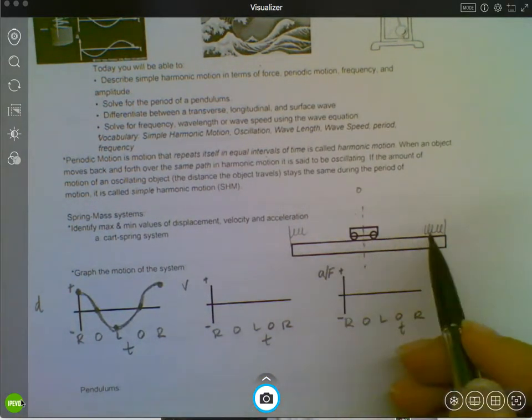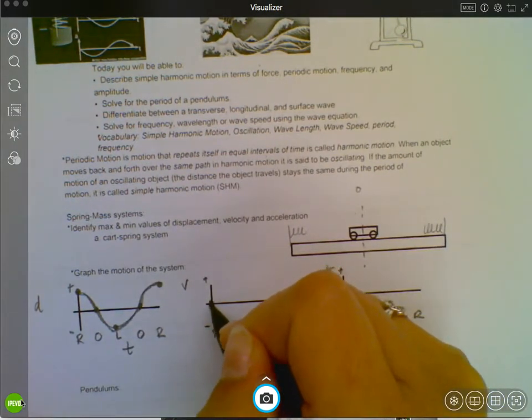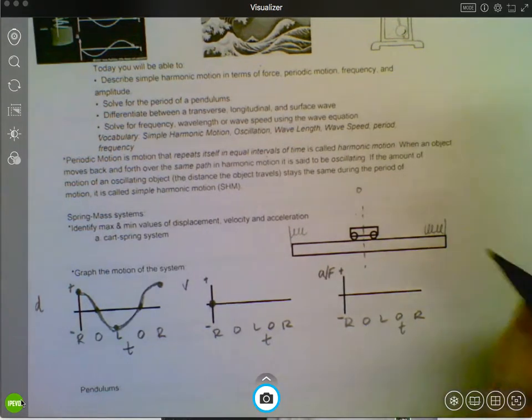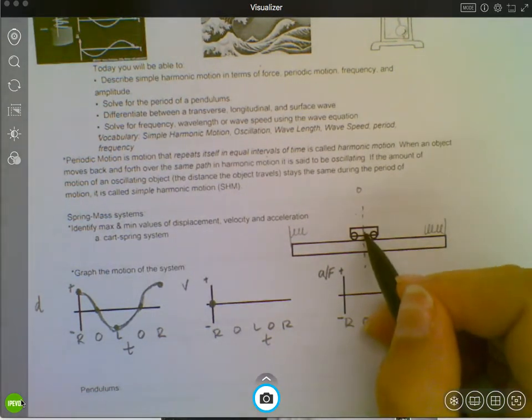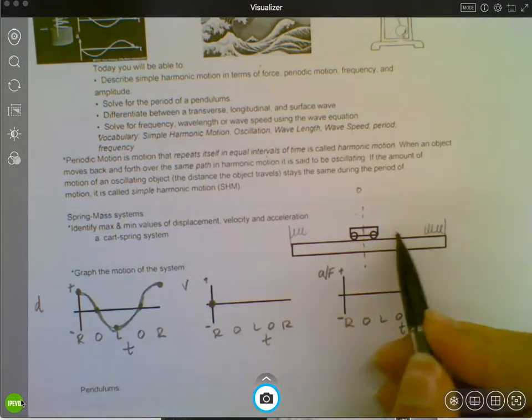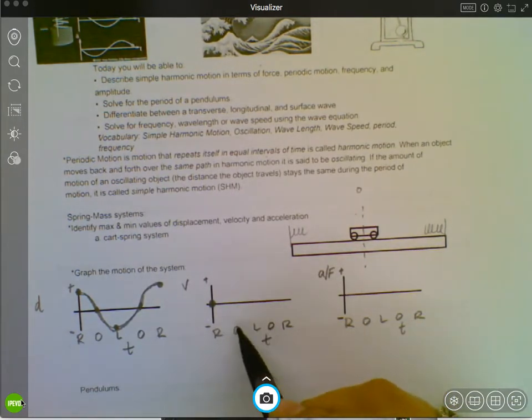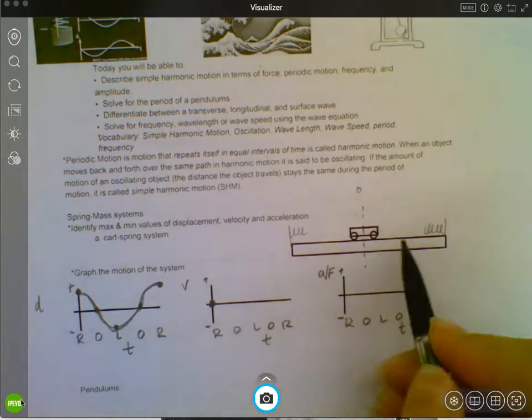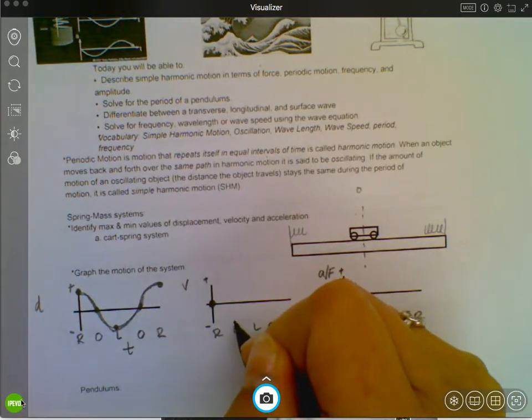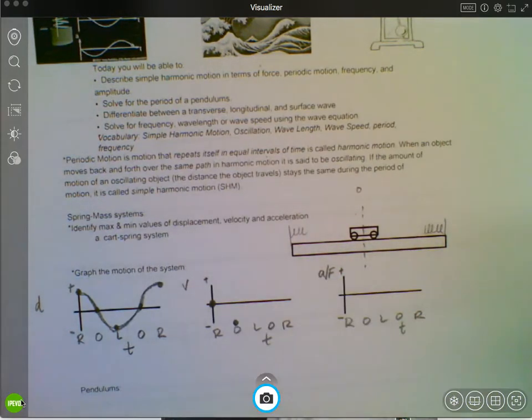Now the velocity. When it's pushed all the way to the right, it should have a velocity of 0. At the origin, it should be at its highest velocity, but coming from the right going toward the left, it would be negative, so it's maximum negative.